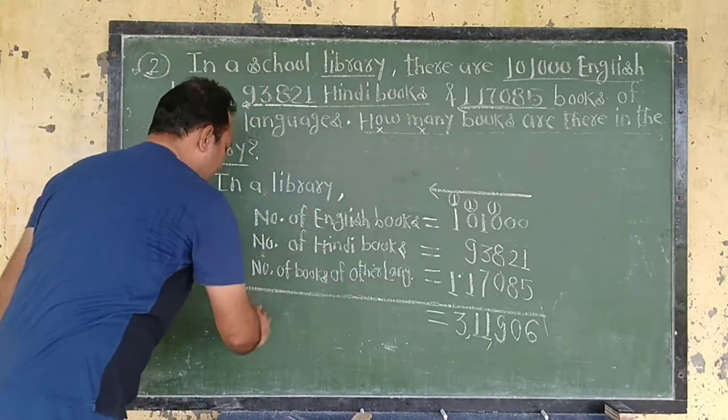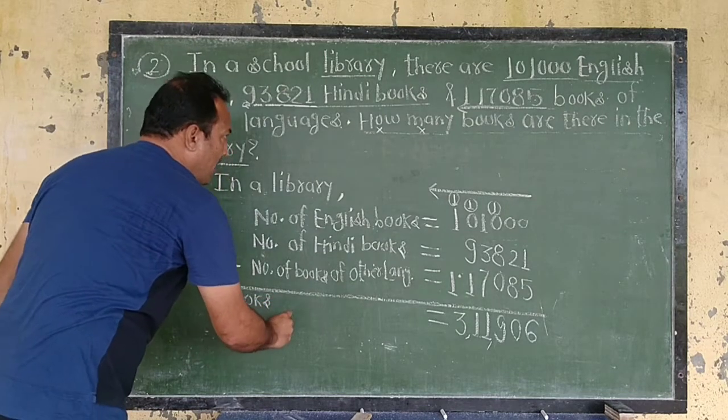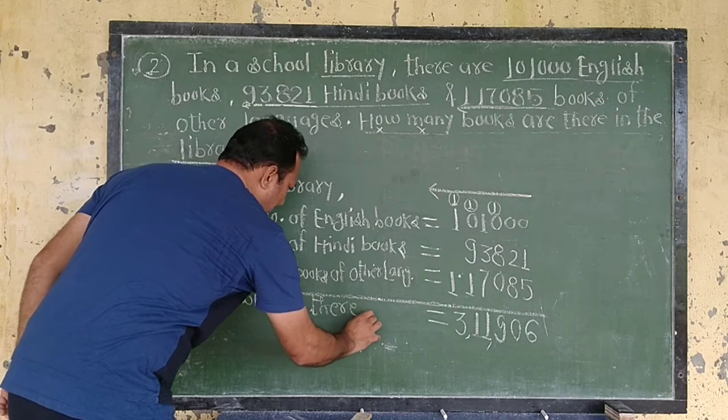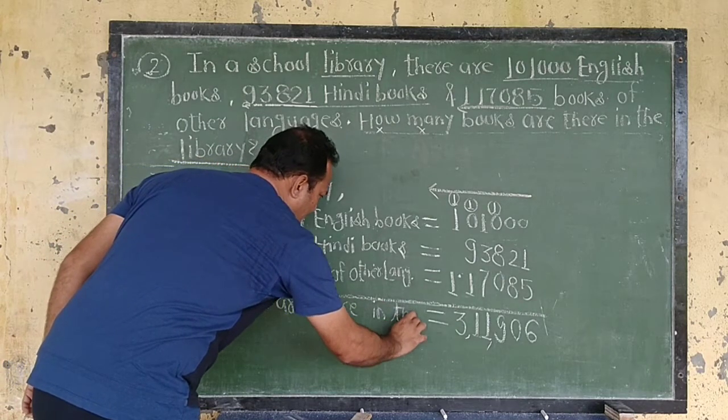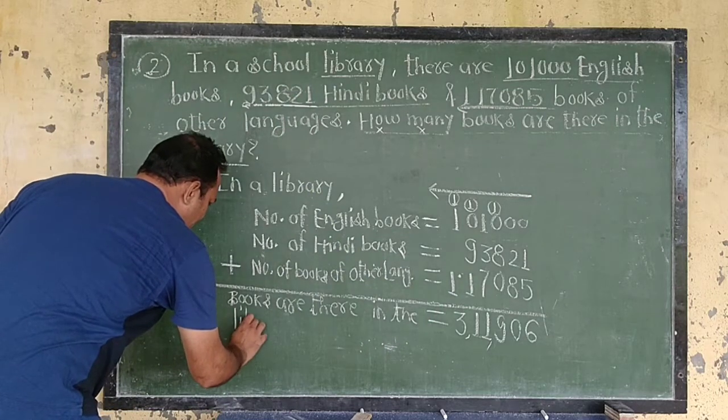Then what do we write here? Books are there in the, space is not there, then write here library.